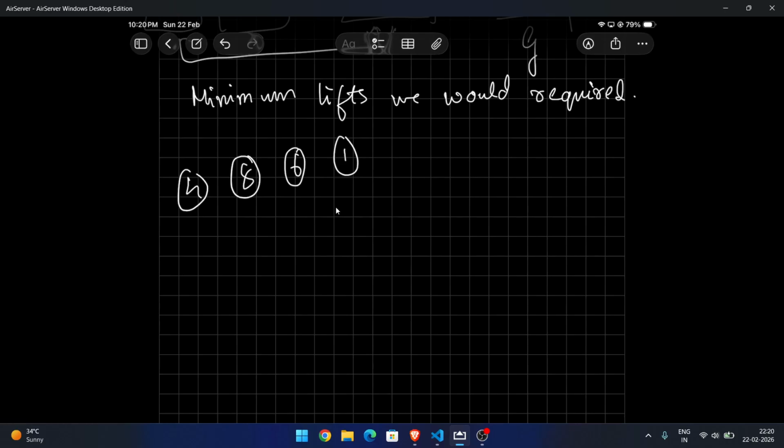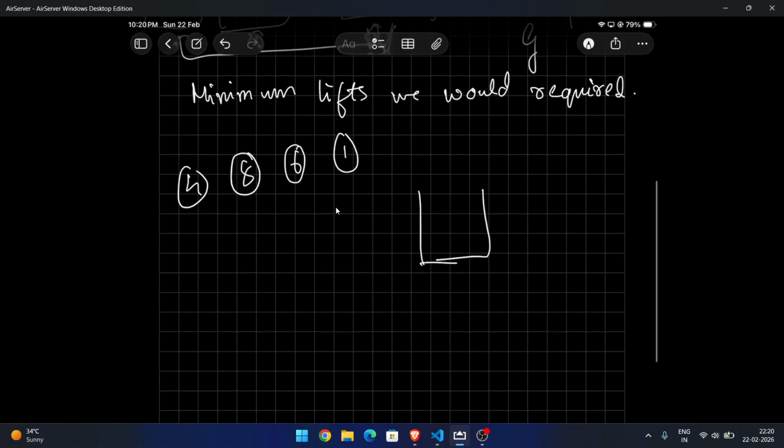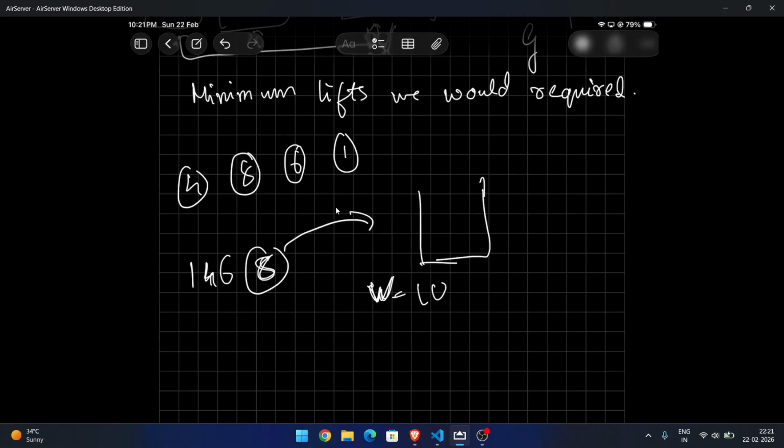Now, the first idea you would get is: what if we put in the person with the maximum weight? Let's say the current capacity is W. We would store everything in a map, and we would find the maximum we can put here which is not overflowing the weight. So the capacity here is 10, so the maximum we can put is 8.